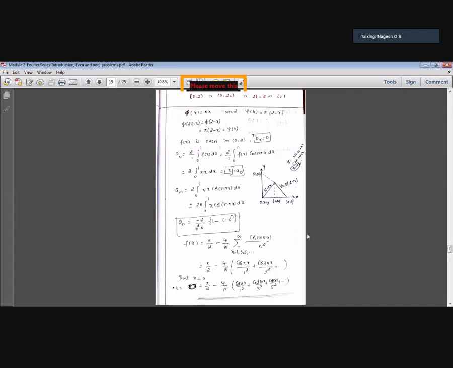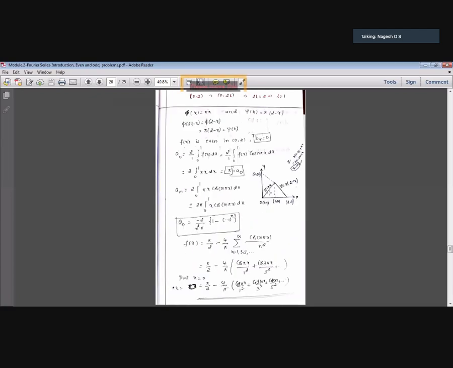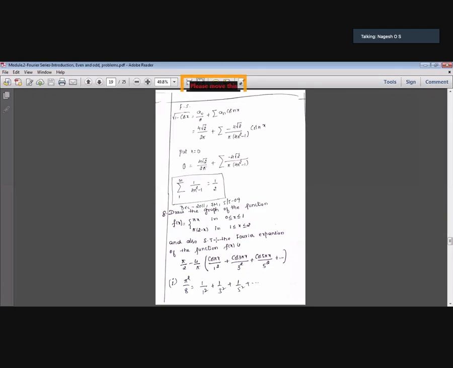We haven't discussed writing the graph. To write the graph, you know, y equal to pi x, y equal to ax is a straight line. Next, for this, y equal to pi into 2 minus x.